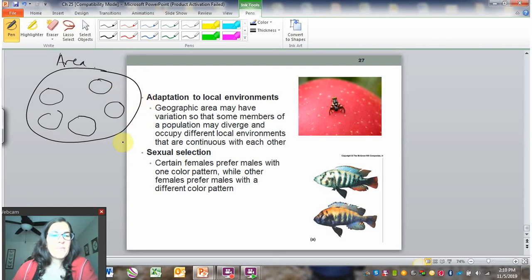And so one example of this that we already talked about of a mixed environment is when you have, for example, heavy metal in some places and not in other places. And so that was causing grasses that were metal resistant to be living in these little patches and ones that were metal sensitive to be living in these little patches.